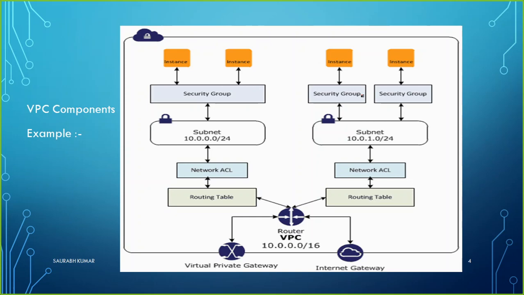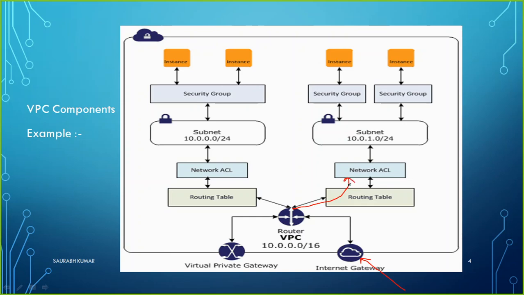Next, I have tried to explain the same thing which I was explaining in Paint here in the PPT. So here you see, our first request coming from the outside world goes to the internet gateway. The internet gateway forwards this packet to our router, which follows the routing table. After following the routing table, it reaches the network access control list.